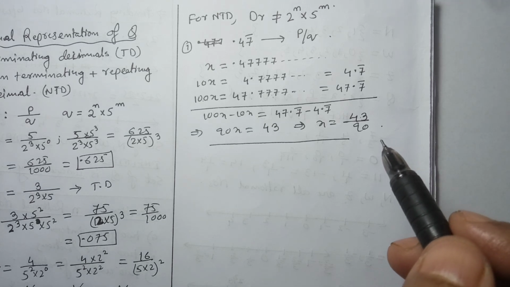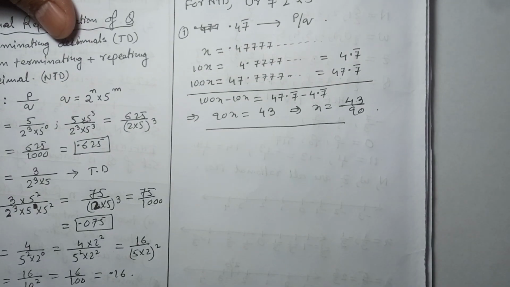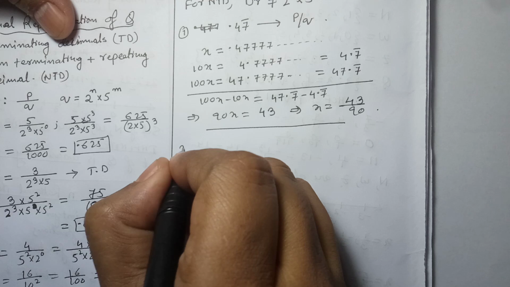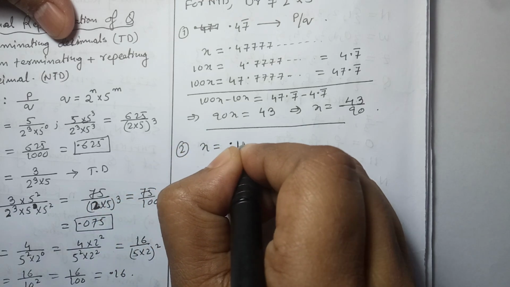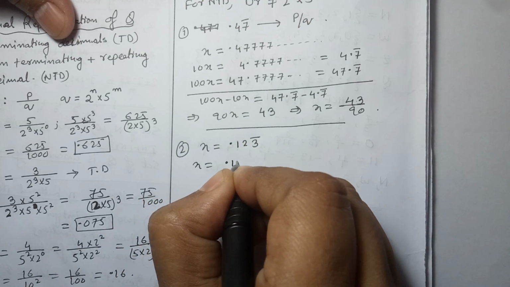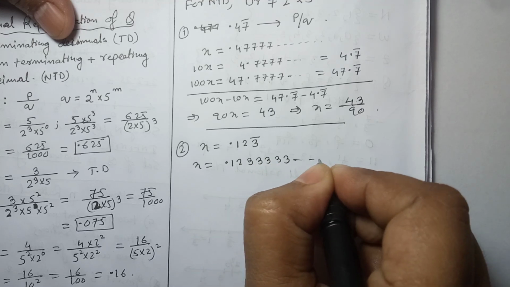Okay, now next is 2. x equal to 0.123 bar. What does it imply? 0.12333333.